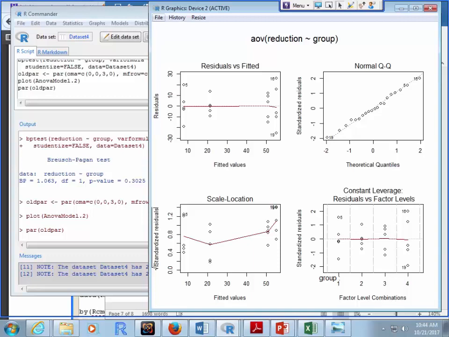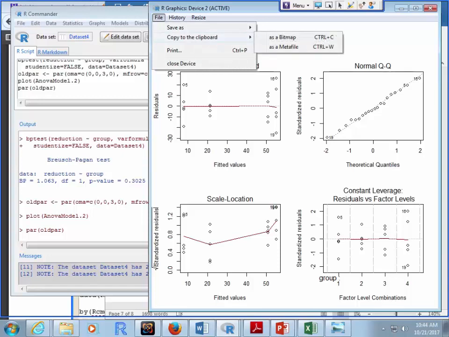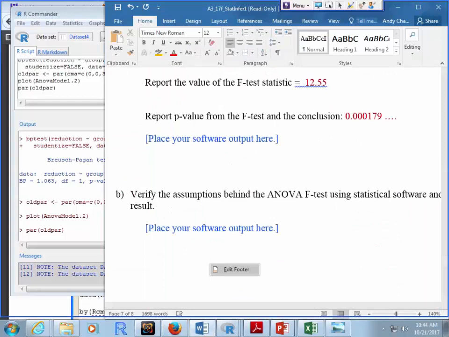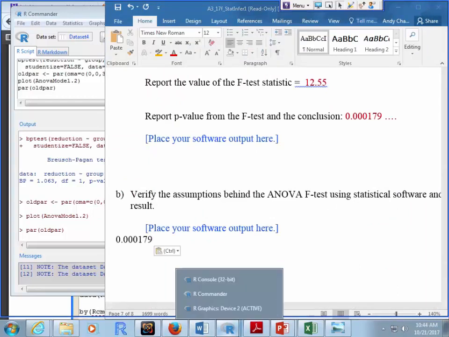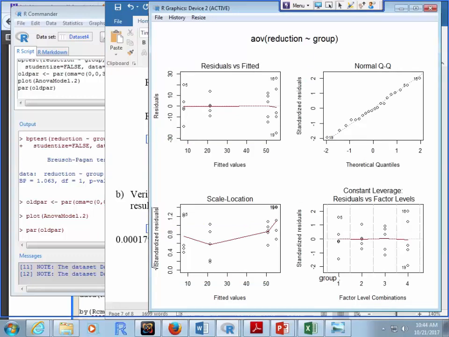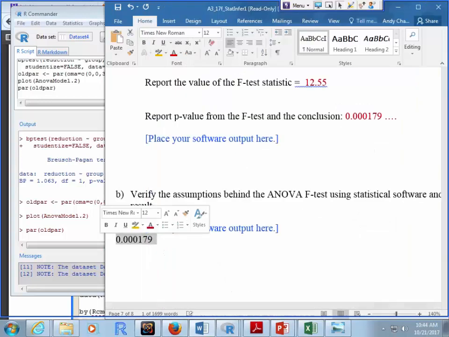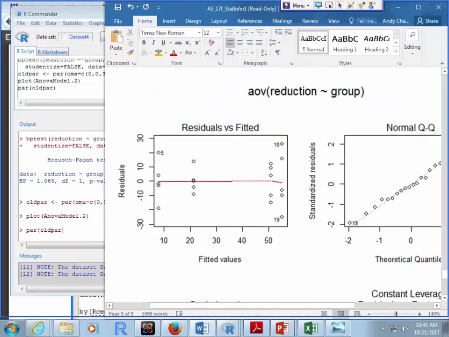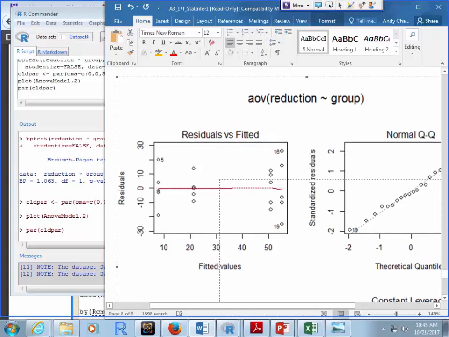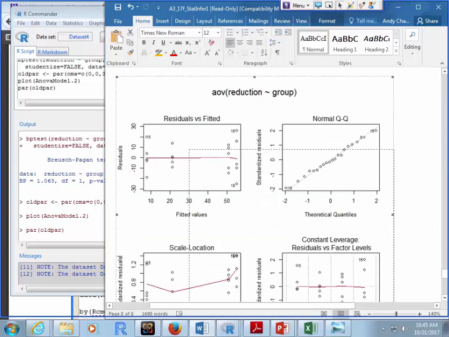So that's good enough. So if you want to, copy to clipboard to support your results. So you get this picture, and make it smaller.